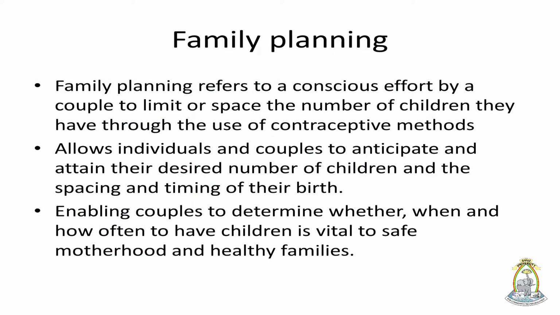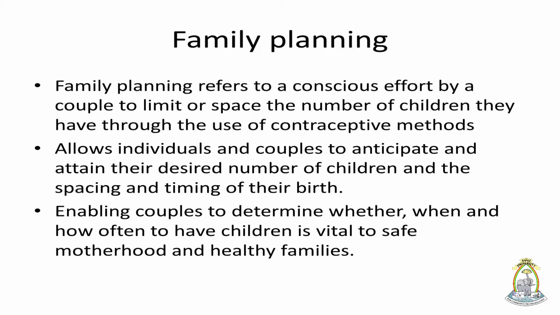What is family planning? Family planning refers to a conscious effort put forward by a couple to limit or restrict the number of children they have through the use of contraceptive methods. So if you put in an effort to limit the number of children you want to have, you're using family planning methods.